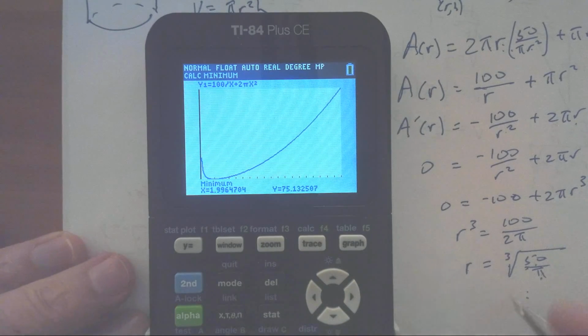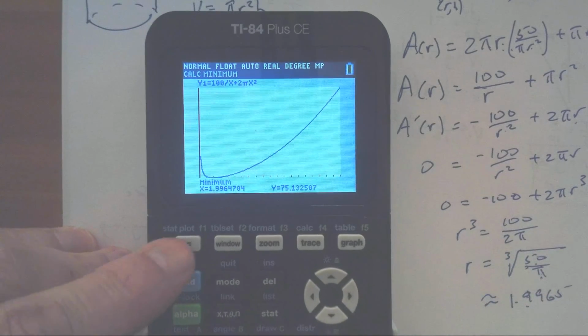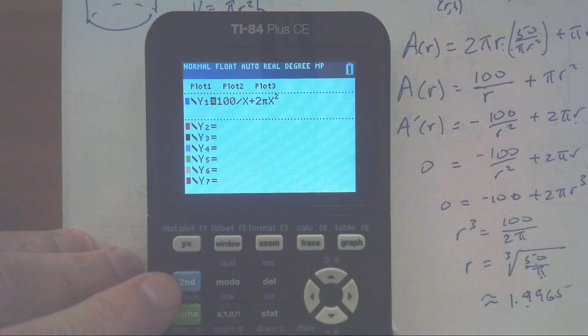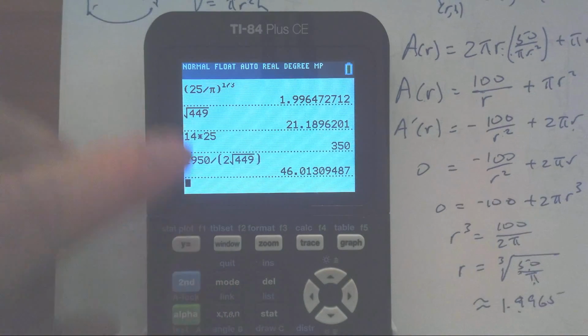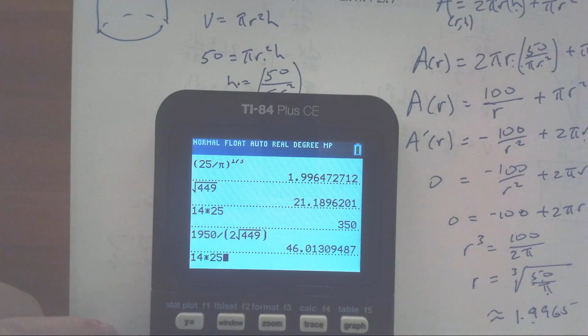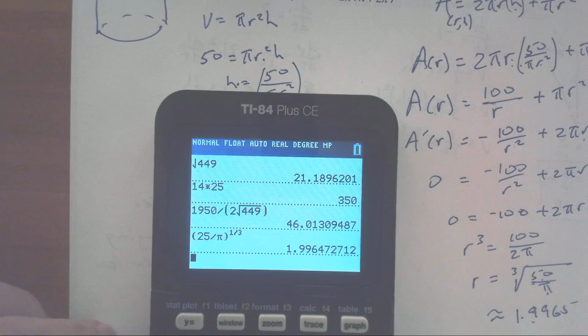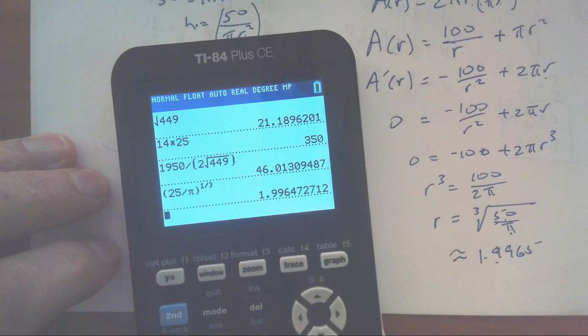I get approximately 1.9965. If I go back to my Y equals, right up here, see if I can get back to that value. There we go, right here, and there it is. So that is a solution I am comfortable with.